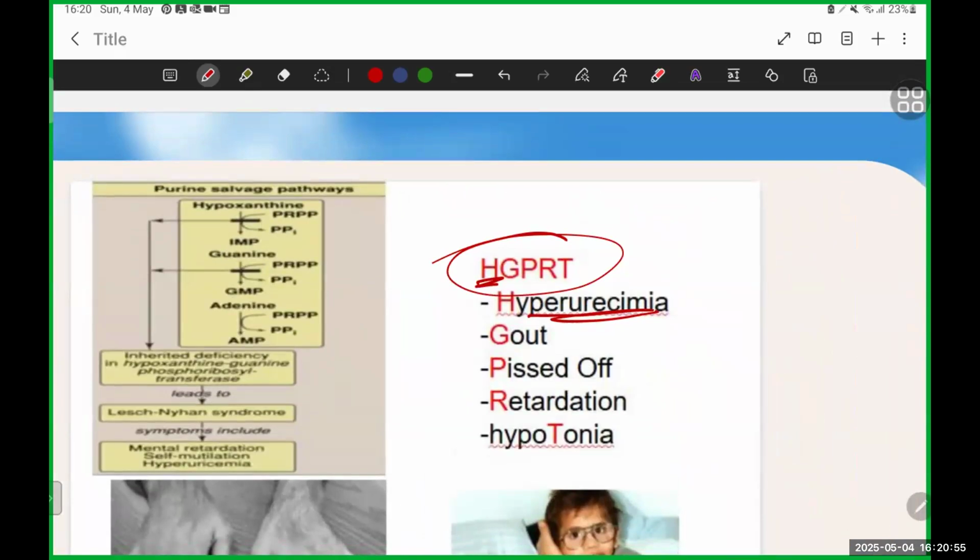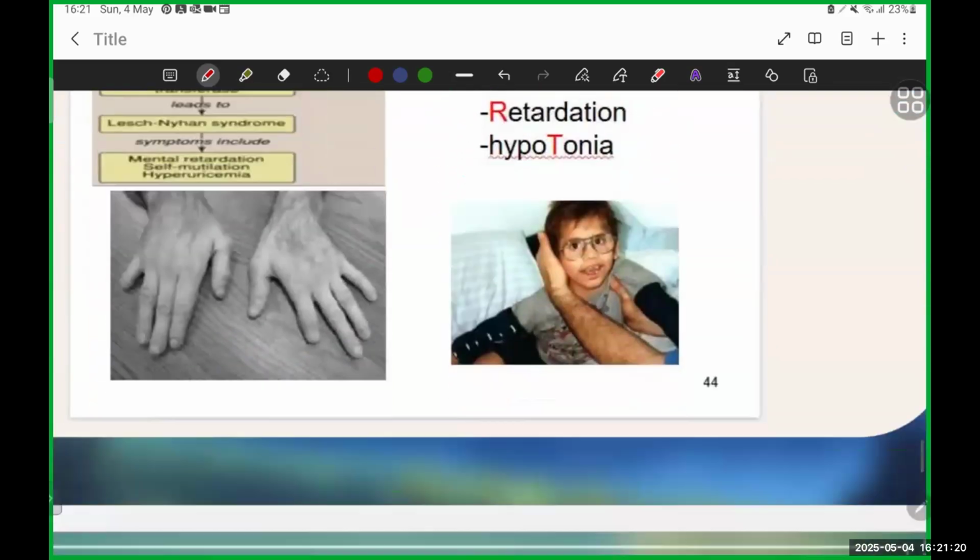Again, hyperuricemia would eventually lead to gout, as I said. Gout is very painful, so I don't think anybody wants to be in that sort of pain. So they're usually mad. Retardation, and there's also hypotonia in the muscles.